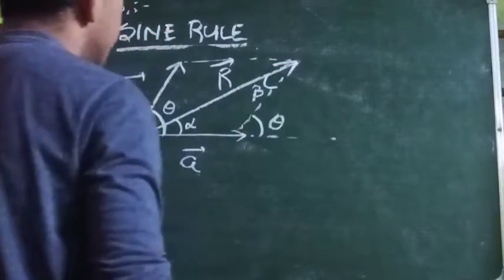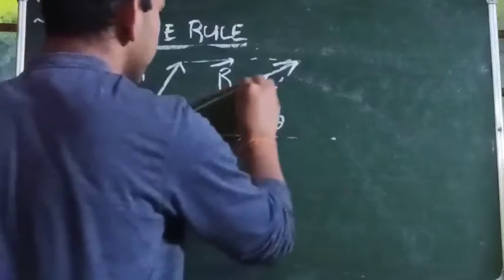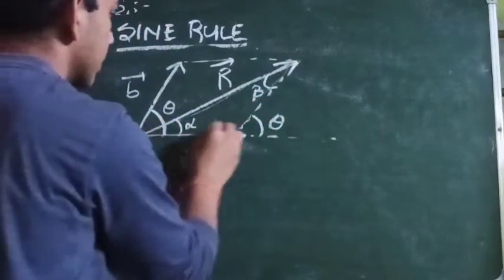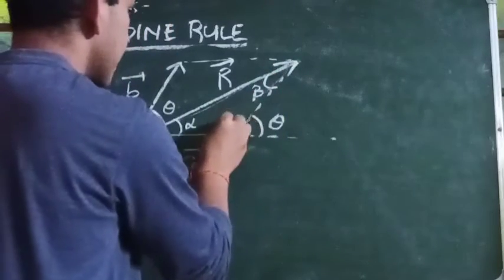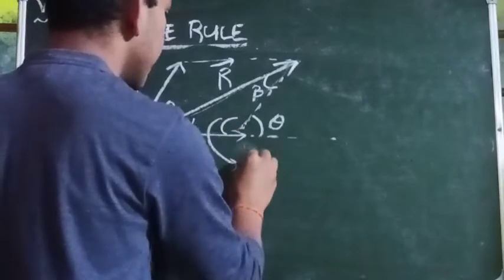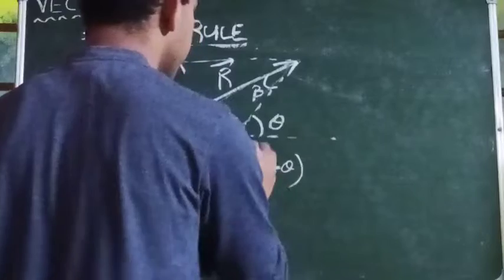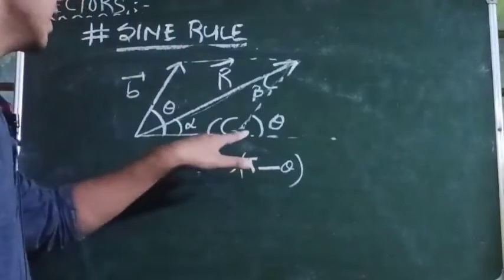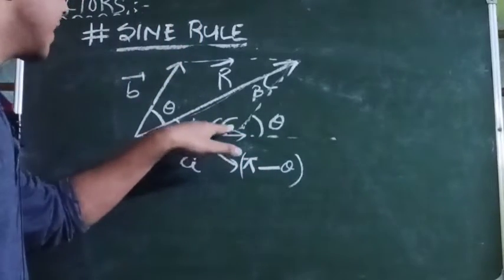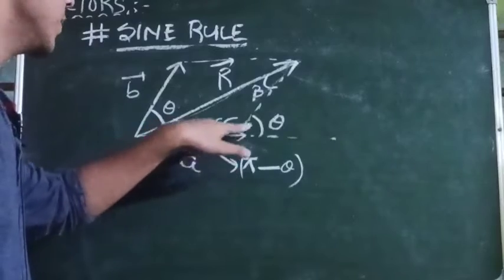Now let us see this triangle. In this triangle, this angle is pi minus theta, because this is theta, by linear pair we can say that this angle is going to be 180 minus theta.